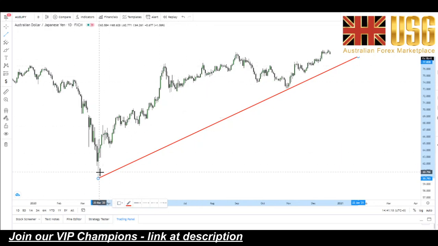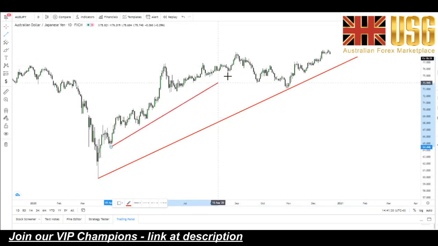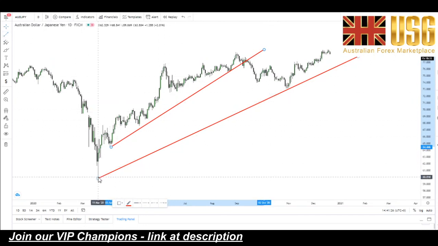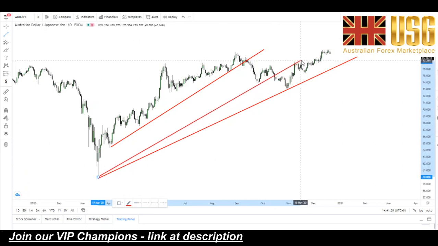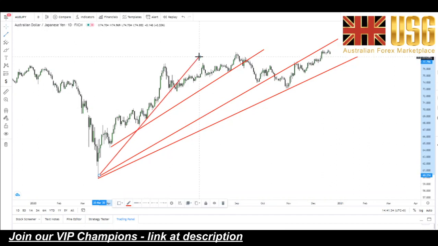I can use this, another one, diba? Or what else? Using this point to connect this one, or this one. So, what am I trying to say here? What I'm trying to show you guys is that trend line is subjective. Depende kung saan point ka titingin or kung saan point mo siya i-connect.